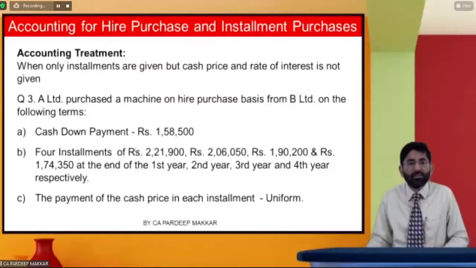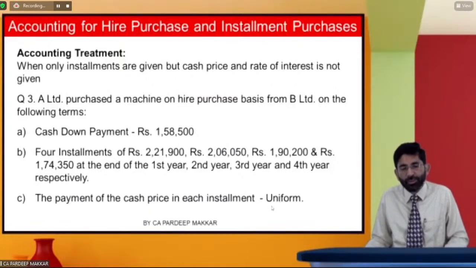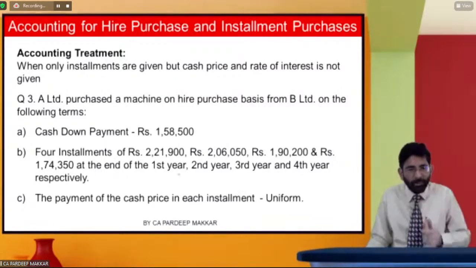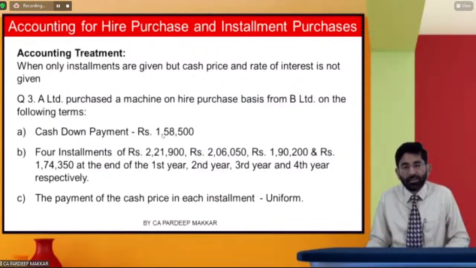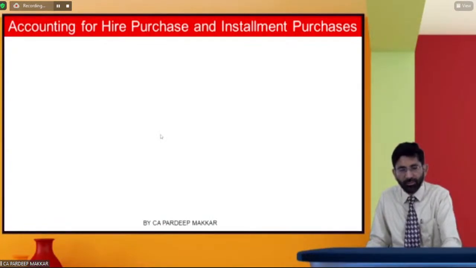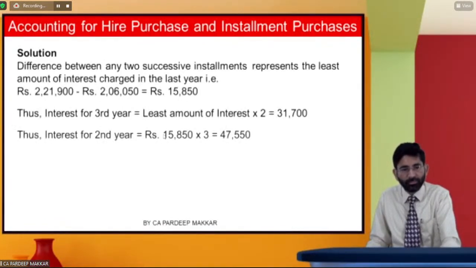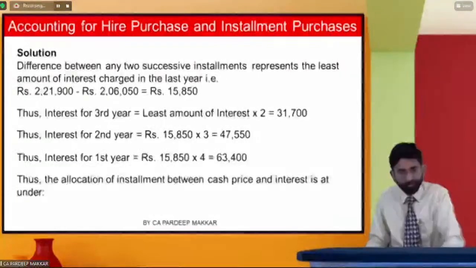Now in this given case, when the cash price in each installment is similar, is uniform, but you have not been given the CP price of the installment as well as the CP price of the total asset, then how to get it? You will have to use this method. This method will help you. Interest of the third installment is there.